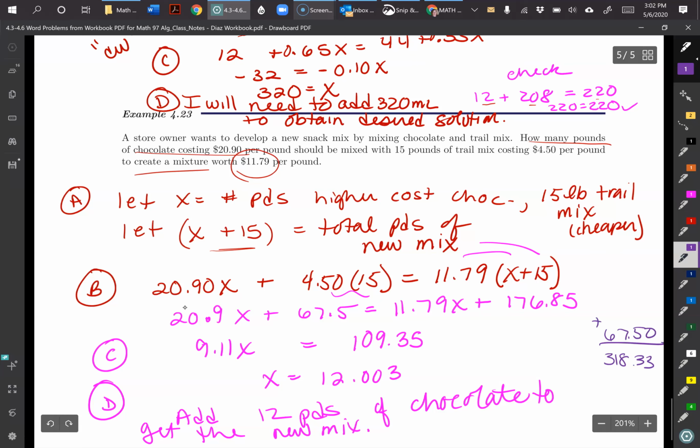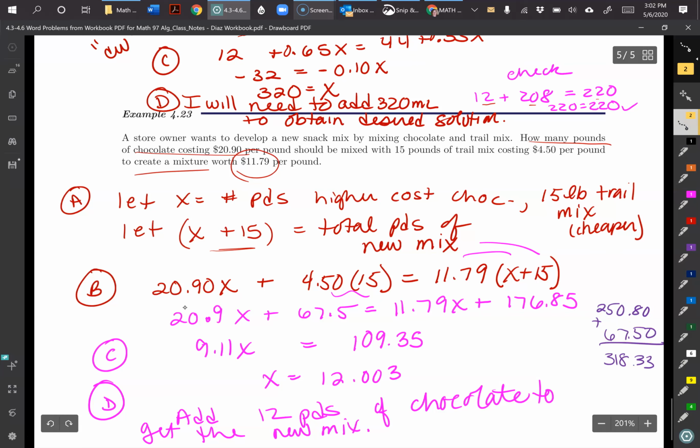And then I have the 20.9 times the 12. That should be, whoops, I hit 120.9. 20.9 times 12 is 250.80. So that's my chocolate is right here.